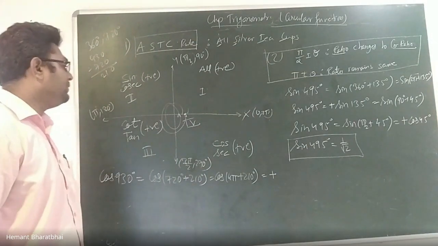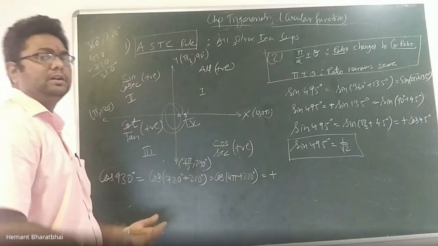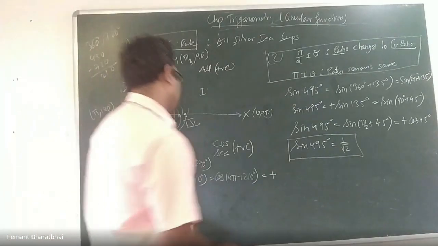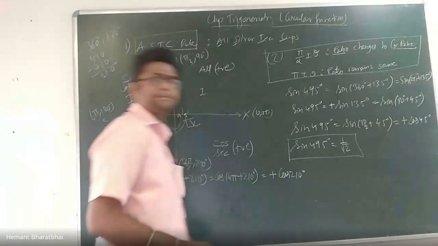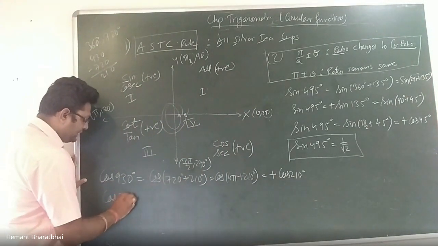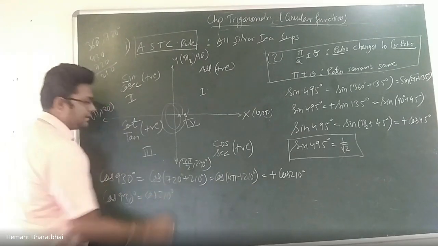Now, whenever it is pi plus minus theta, ratio remains same. So cos will remain cos only, so it will give me cos of 210 degrees. Therefore, I can write cos 930 degree is nothing but equals to cos of 210 degree.